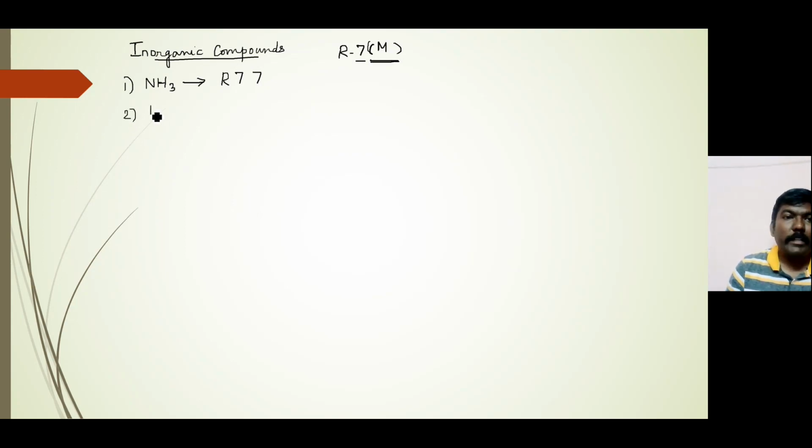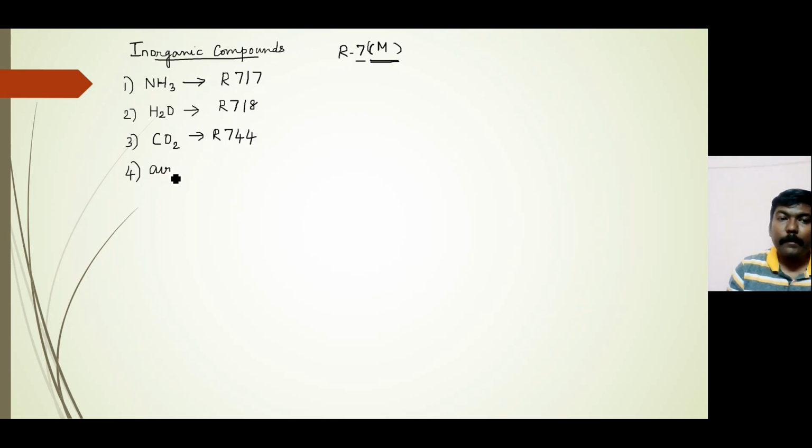Water. Water is not an organic compound, so it is also inorganic. So for water, because it is inorganic, it is going to be followed by 7. And what is the molecular mass of water? 2 plus 16, it is 18. So R718. What about carbon dioxide? R followed by 7. The molecular mass of carbon dioxide is 44, so R744.